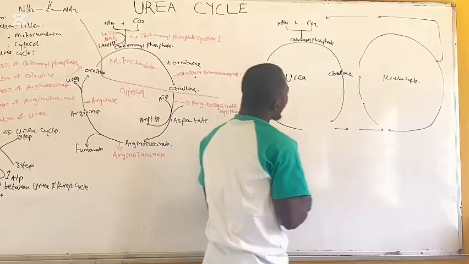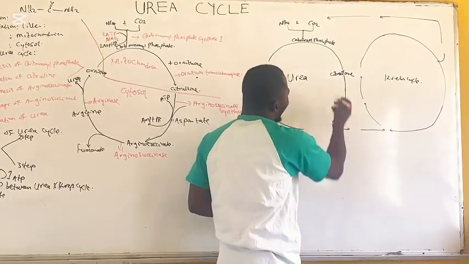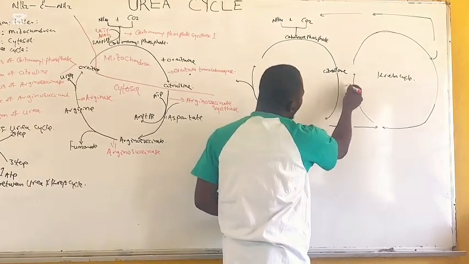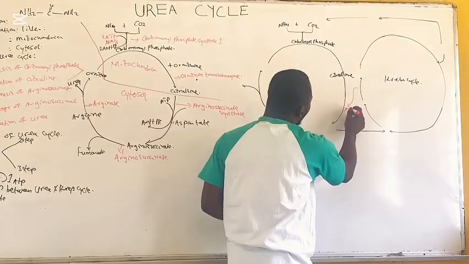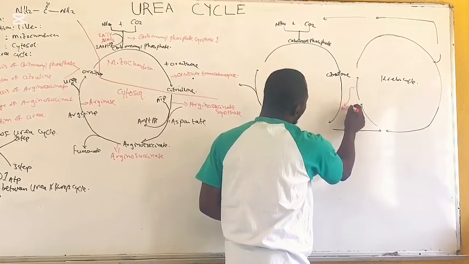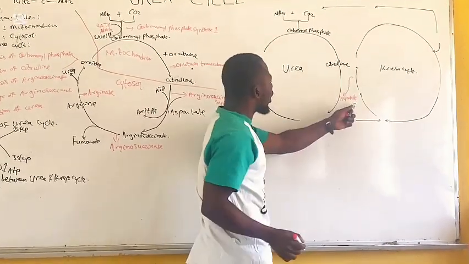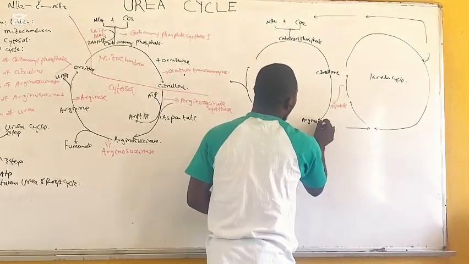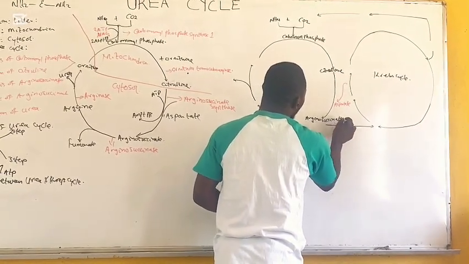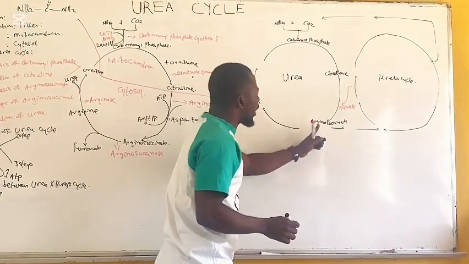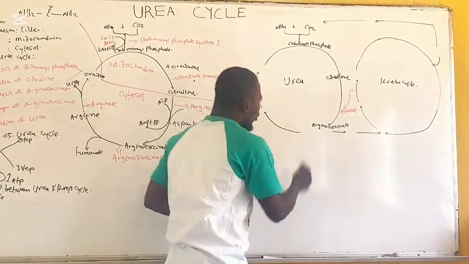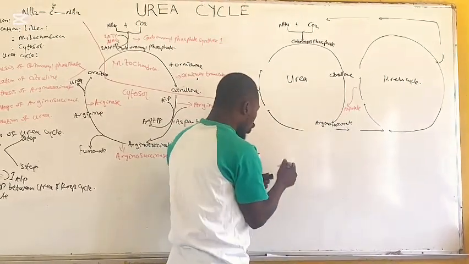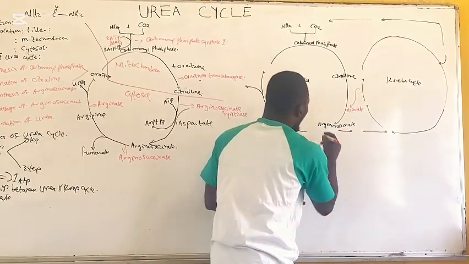And the citrulline will condense with the aspartate, which is coming from the Krebs cycle, to form argininosuccinate. Now, argininosuccinate, in the presence of the enzyme argininosuccinase, will be cleaved to form fumarate.